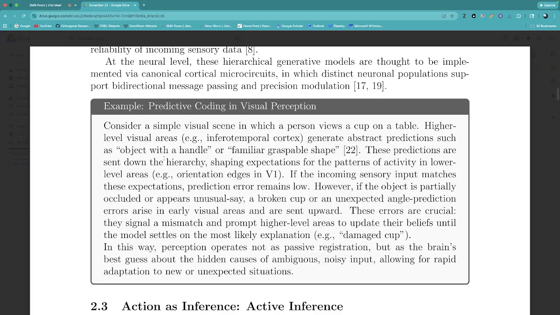However, if the object is partially occluded or appears unusual, say a broken cup or an unexpected angle, the visual system gets the gist of what it is, but then has some exception to it that is a problem, because it might not be a cup if it's a broken cup, or it could be a cup.